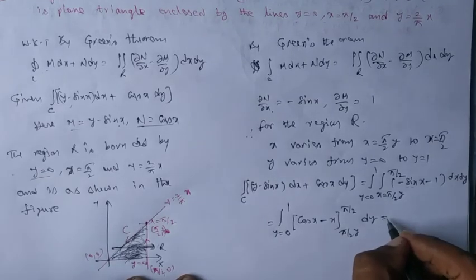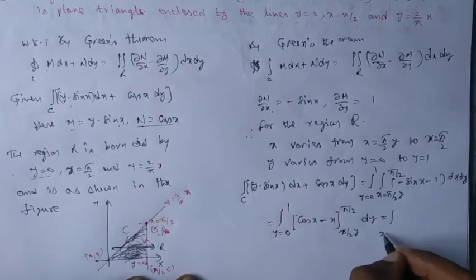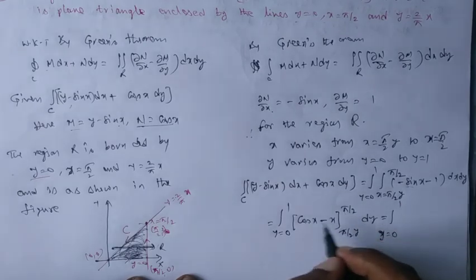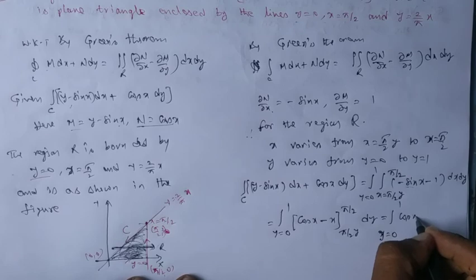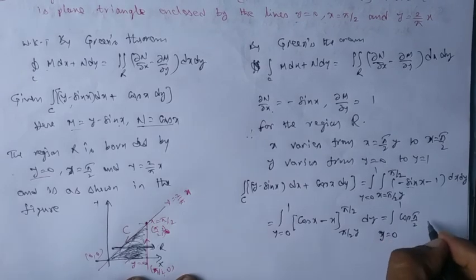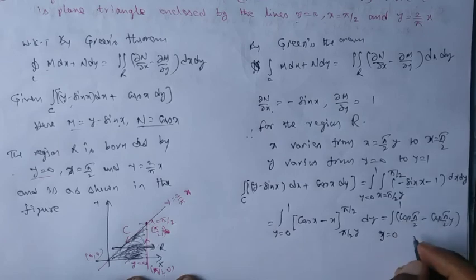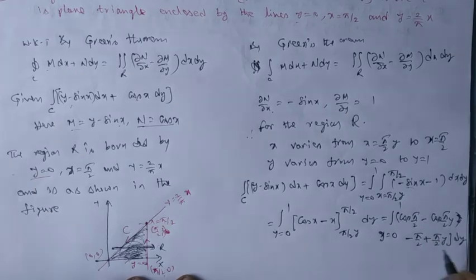Simplifying further, y from 0 to 1: substituting pi, it is cos pi by 2 minus cos pi by 2y, minus, substituting, pi by 2 minus of minus plus pi by 2y, whole dy.